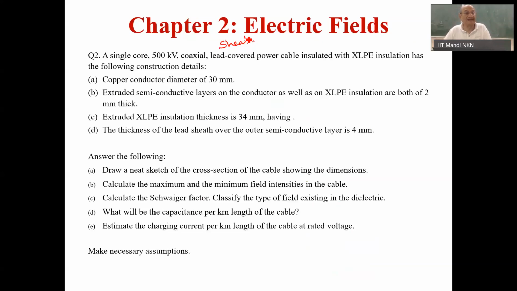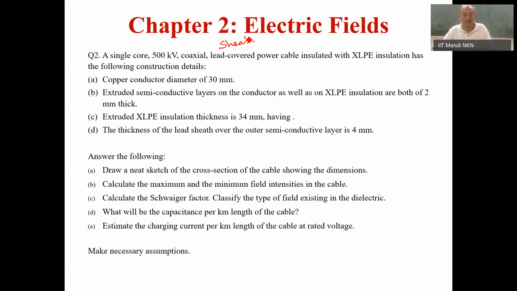Water should not go inside the lead, but it is cooled from outside. Because if water goes into cross-linked polyethylene, the cable will be damaged. Water is the enemy of insulation; in no way should water penetrate inside the insulation.